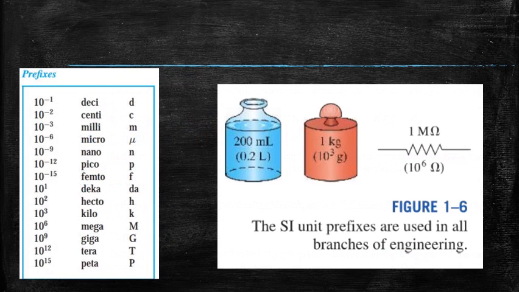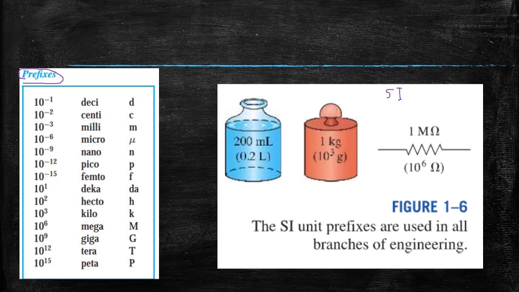The important thing in the SI system is using the prefixes: deci, centi, milli, micro, nano, pico, femto, hecto, kilo, mega, giga, tera, peta.